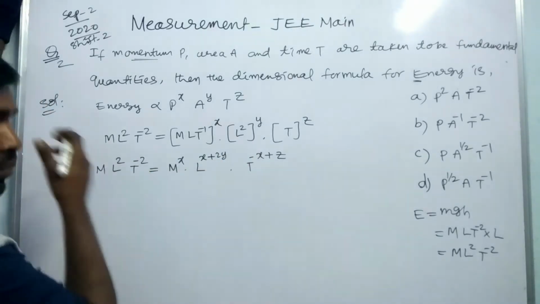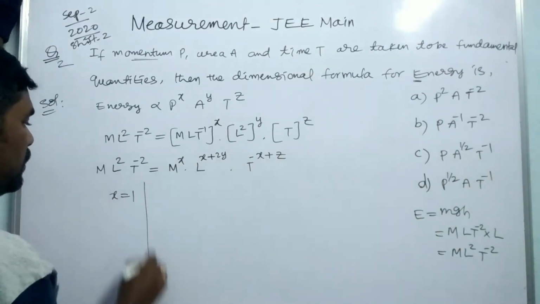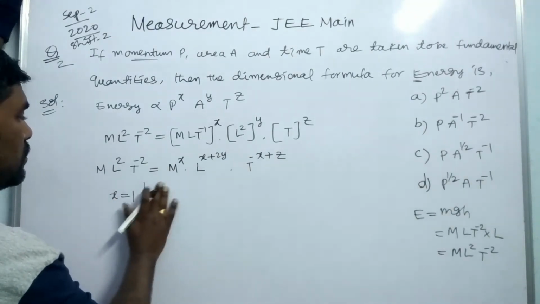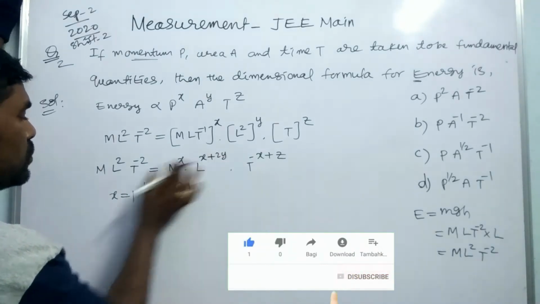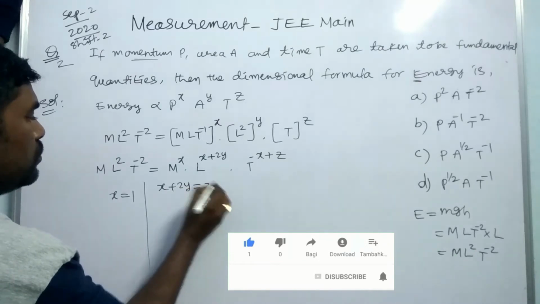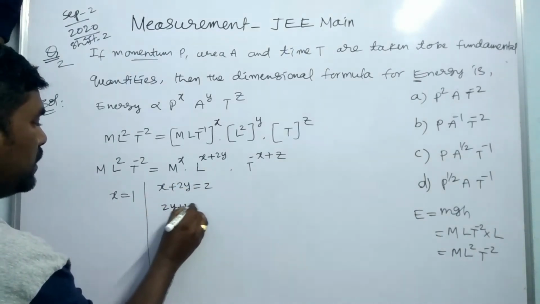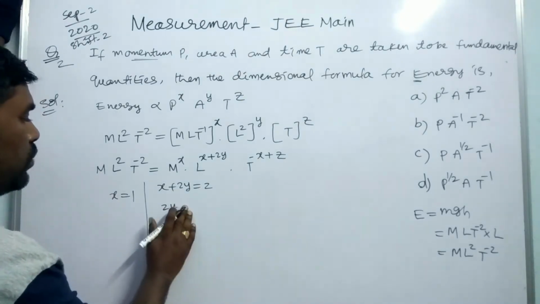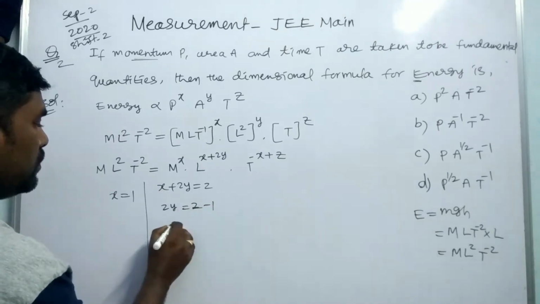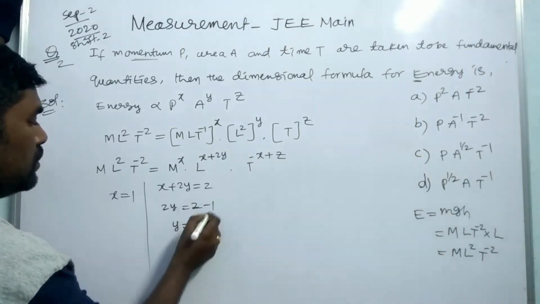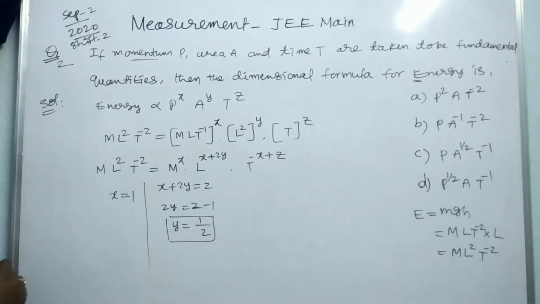Now comparing on both sides, x is equal to 1. Here x plus 2y, L power 2, so already knowing the x value, 2y plus 1 is equal to 2, 2y is equal to 2 minus 1, y is equal to 1 by 2.